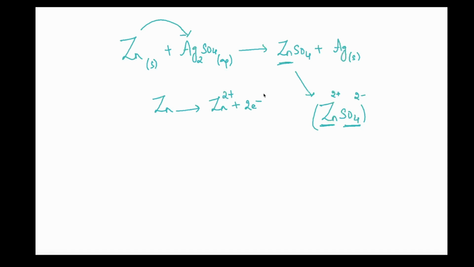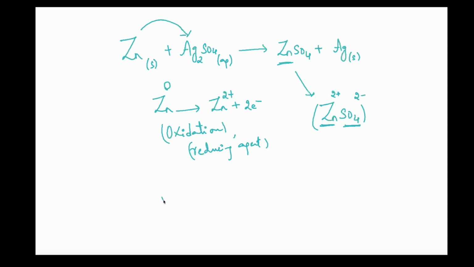So zinc in the reactant had no charge on it, but when it has become the product, it has lost 2 electrons. Now this is the oxidation half reaction wherein zinc is oxidized but is acting as the reducing agent, because by donating its electrons, it is trying to reduce the other element in this reaction.